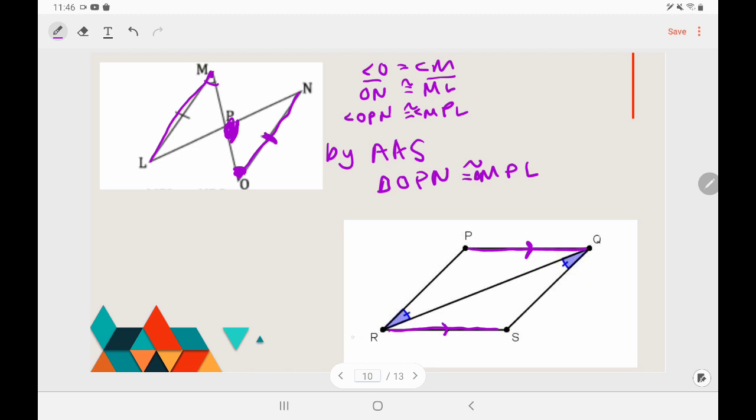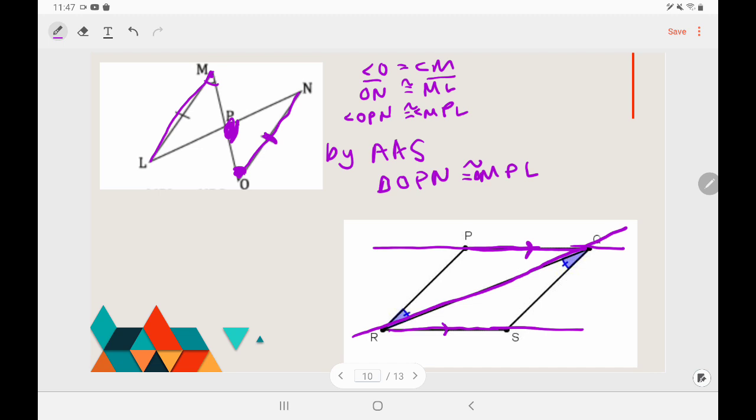Now last year in 8th grade, if two lines were parallel and you had a line cut those parallel lines, what occurred was if I had two angles that were on the interior of my parallel lines, but on alternate sides of that line, they were congruent.